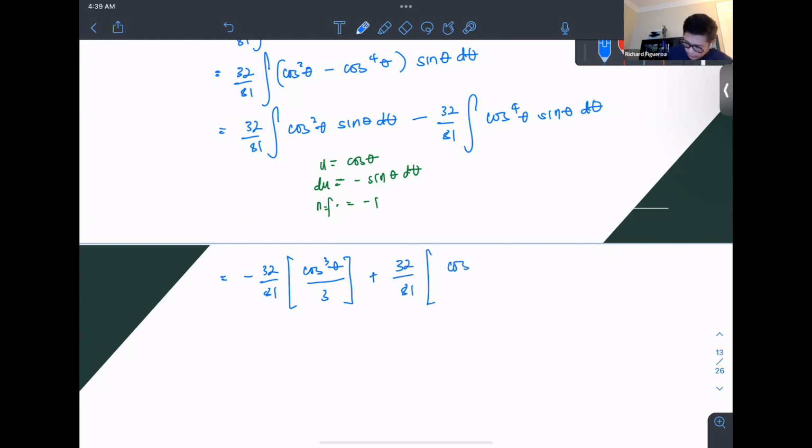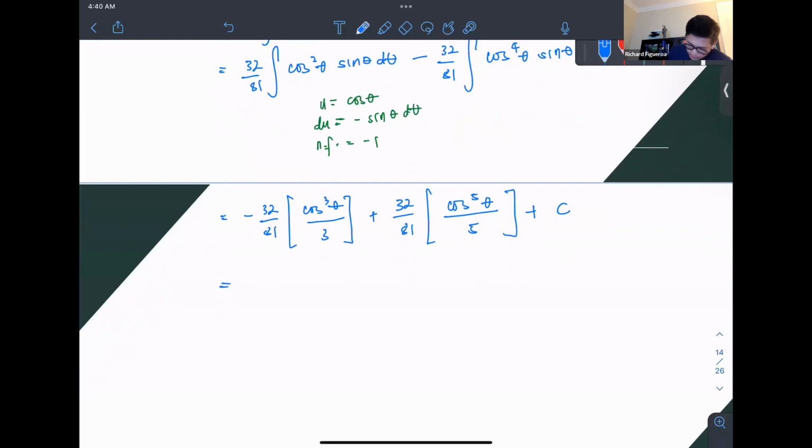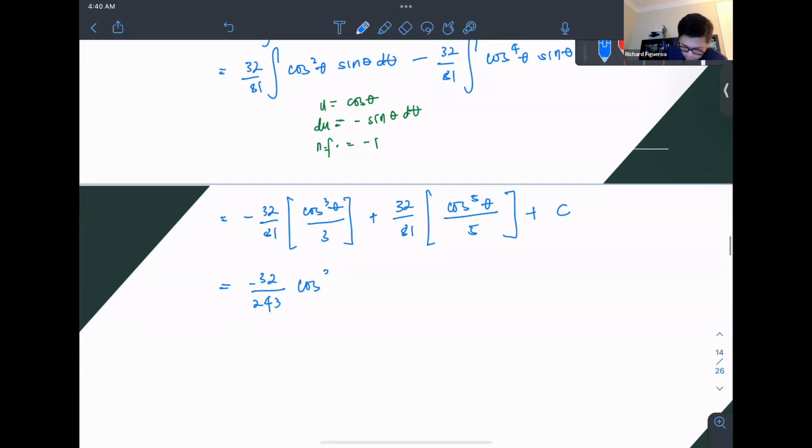Then I'll have cosine to the 5th theta all over 5, plus c. So we can make that one as negative 32 over 243 cosine cube theta, then plus 32 over 405 cosine to the 5th theta plus c.